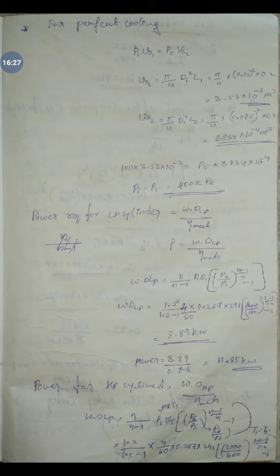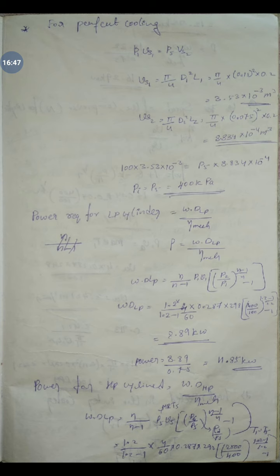So P5 V5 can also be replaced by MR T5. But T5, since it is a perfect intercooling, T5 will be equivalent to T1. So substituting the n value as 1.2 and m value as 4 kg per minute, so 4 by 60, it is kg per second.